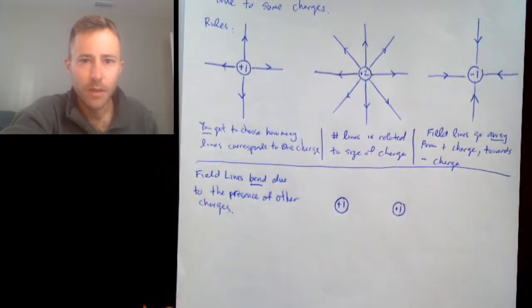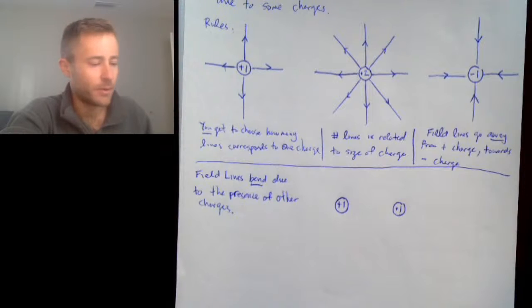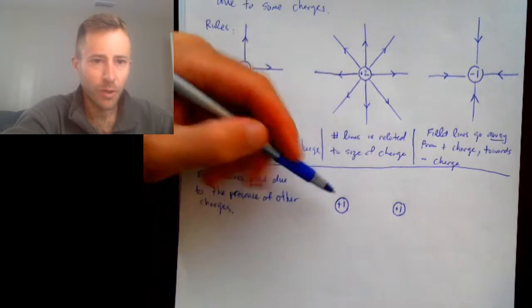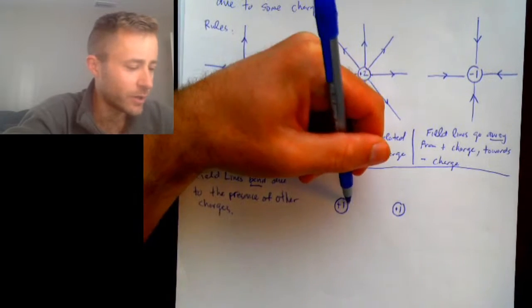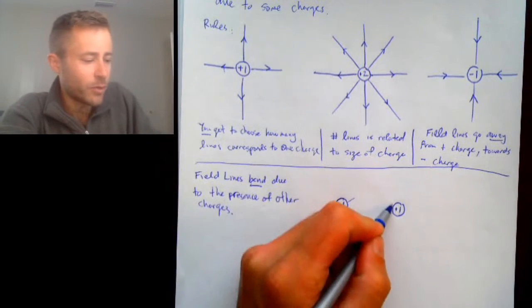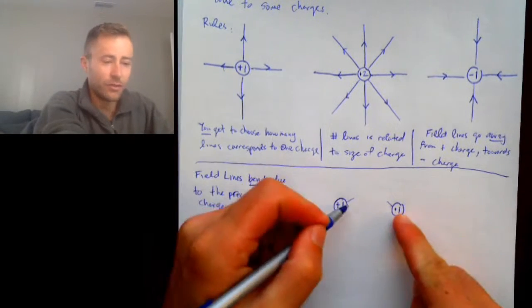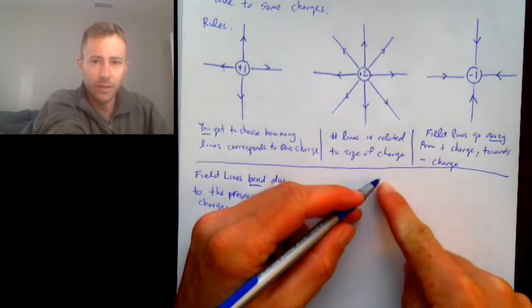All right, so what's going to happen is, this +1 charge has a field line that goes out, and this +1 charge has a field line that goes out. But you can see that these two field lines are on a trajectory to meet each other.